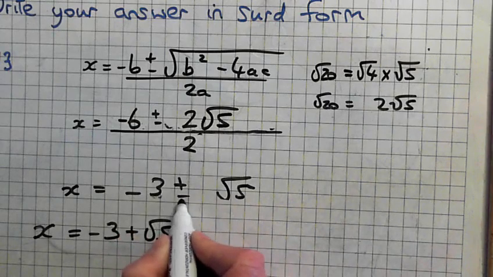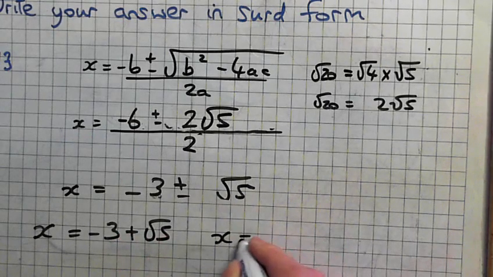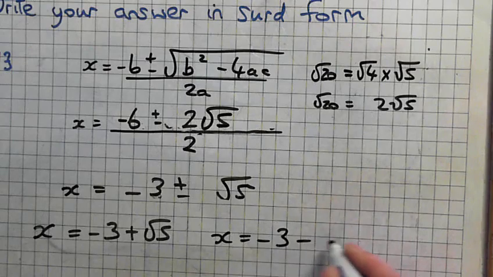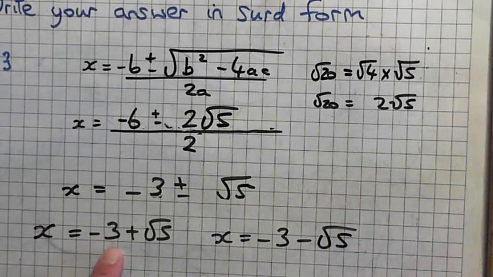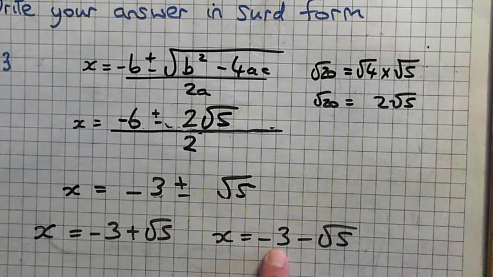The second answer is minus 3 minus root 5. You can get that in the calculator: you'll get a really long decimal number for each.